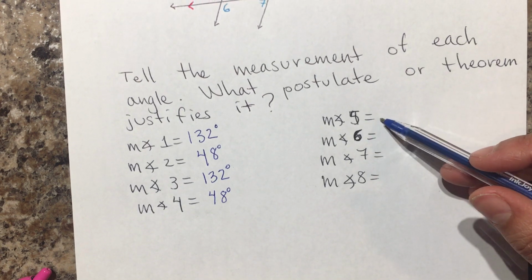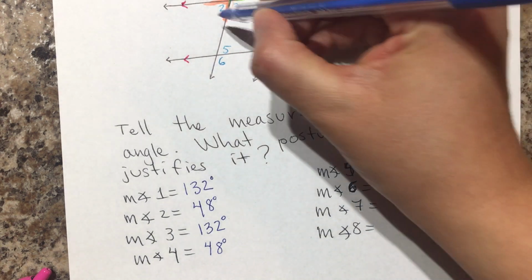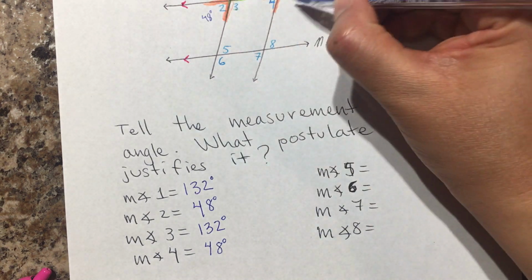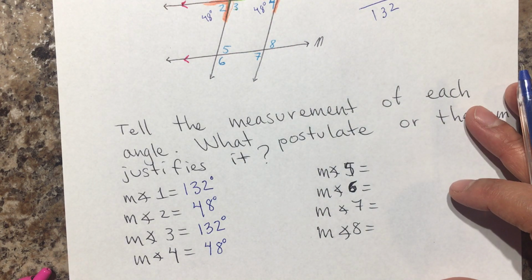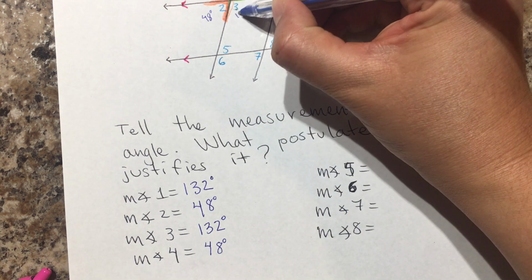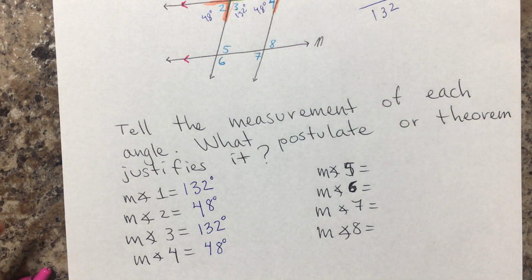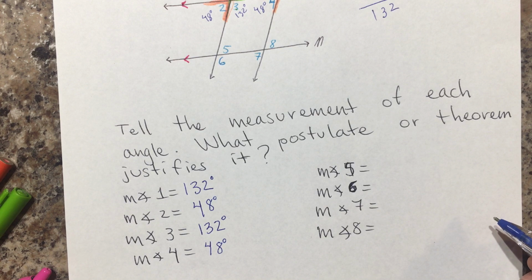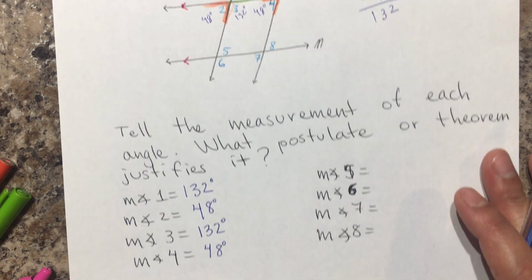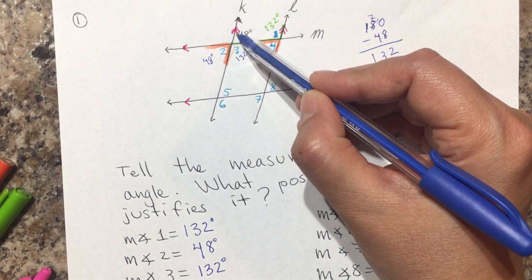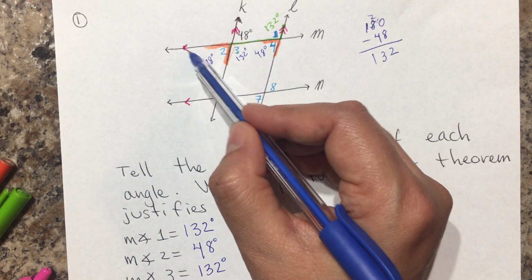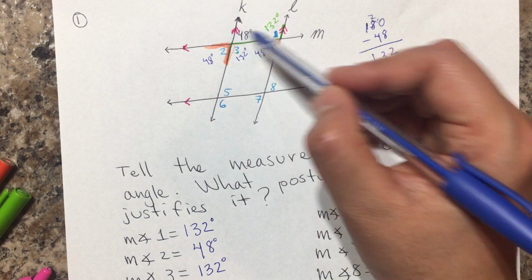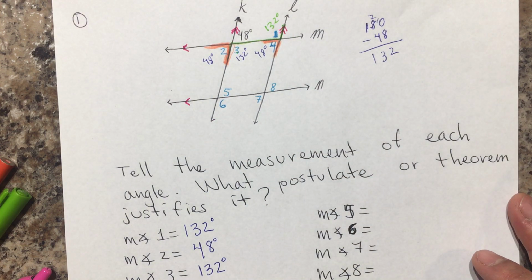Now let's look at number 5. So let me put here 48 degrees, 48 degrees. Number 3, we already said that it's 132 degrees. Now we have another pair of parallel lines. And how do I know that they're parallel? These markings tell me that they are parallel. This is parallel to this line, and this is parallel to this other line.